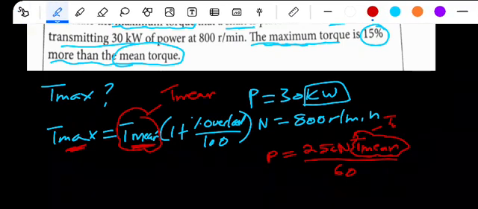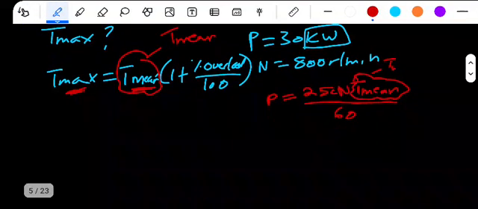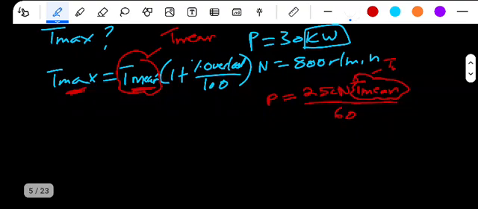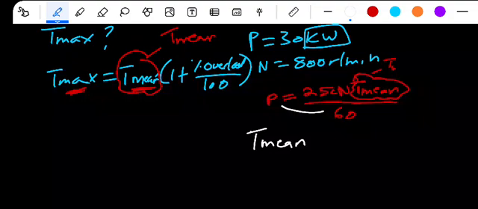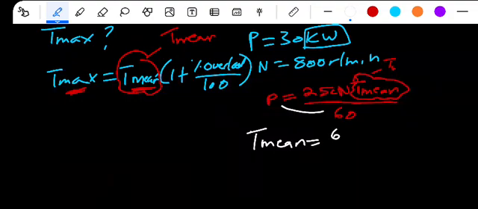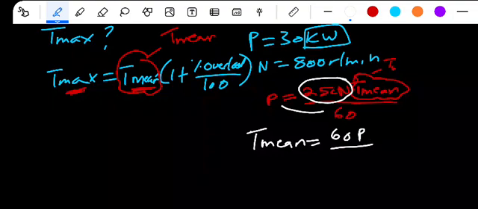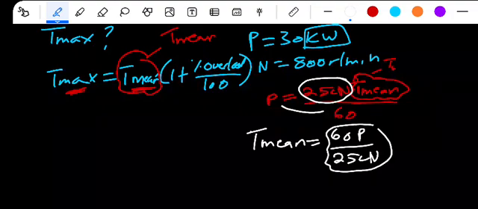So you make T mean the subject of the formula. You multiply by 60 times the power, then divide by 2 pi n. This is our T mean.